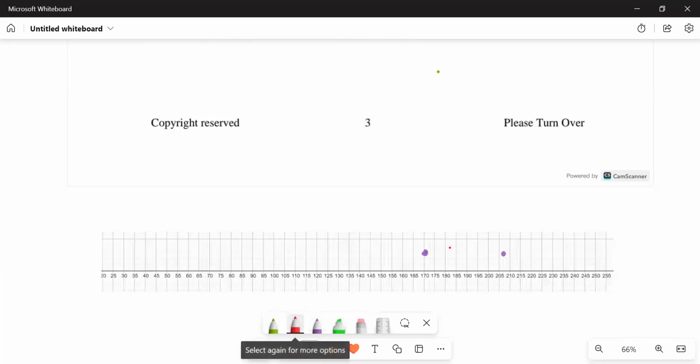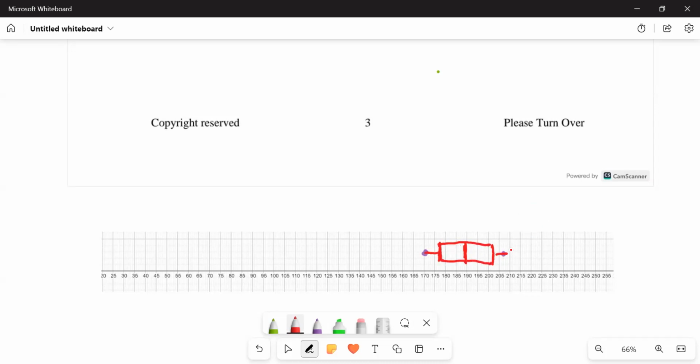And then what is going to be our Q1? 174. What is our Q2? 189. What is our Q3? 203. And then we connect our box.